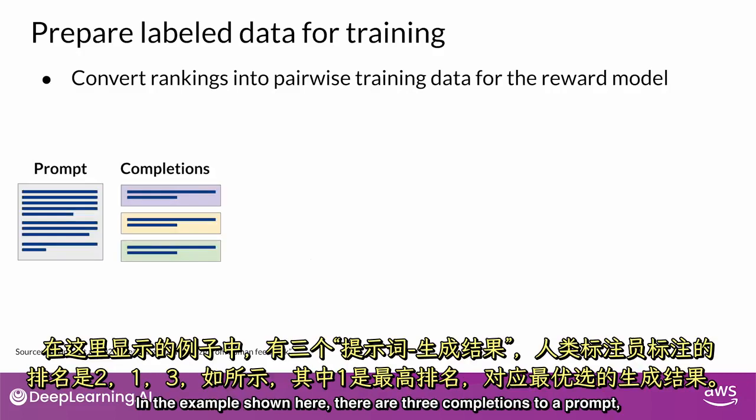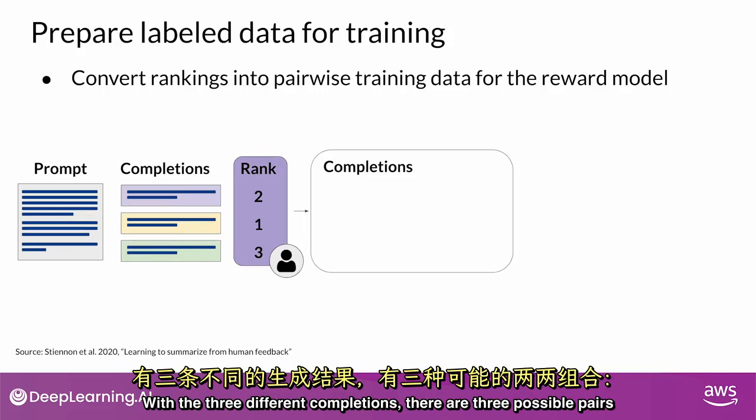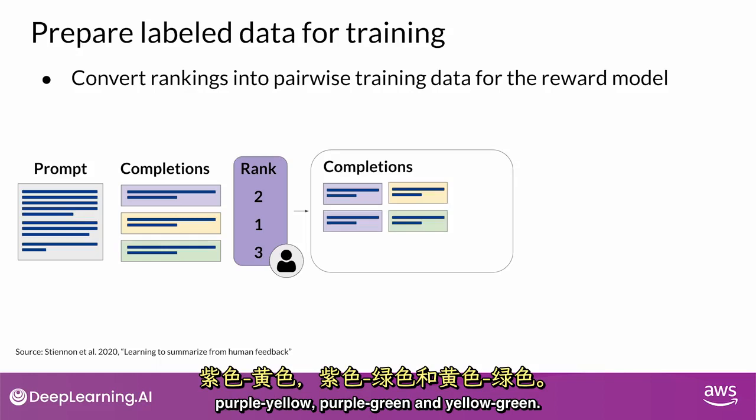In the example shown here, there are 3 completions to a prompt, and the ranking assigned by the human labelers was 2, 1, 3, as shown, where 1 is the highest rank corresponding to the most preferred response. With the 3 different completions, there are 3 possible pairs: purple-yellow, purple-green, and yellow-green.